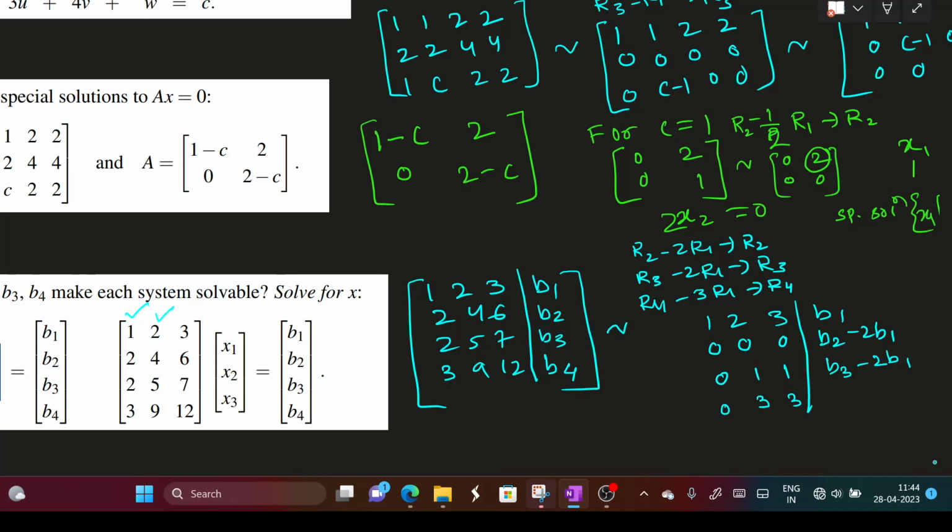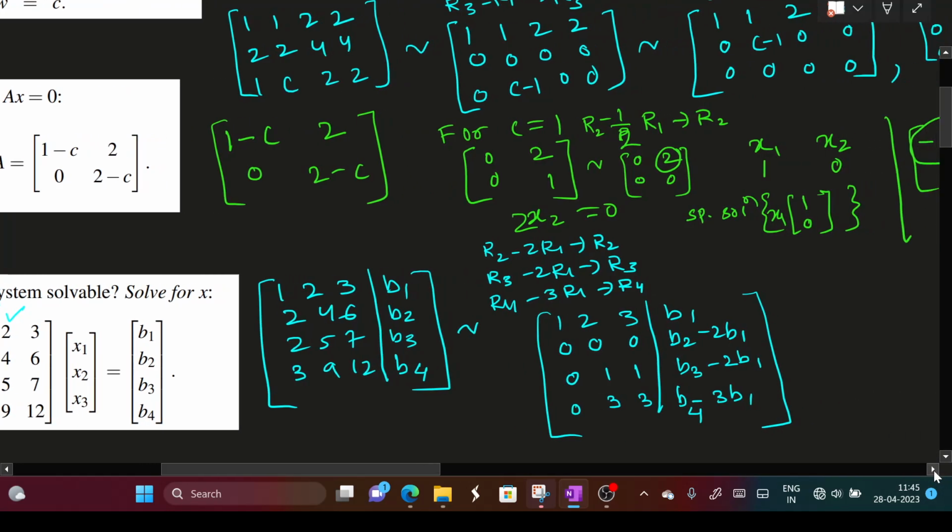This is B4 minus 3B1. So it is having a 0 row in between.